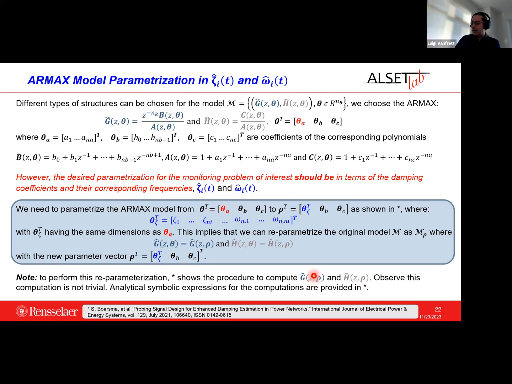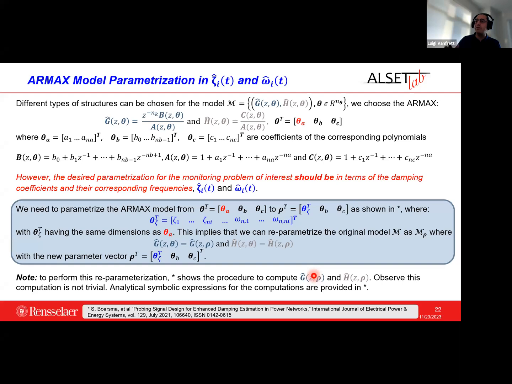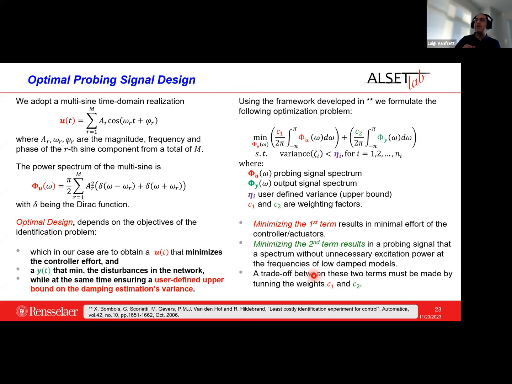Okay, the next step was the optimal probing signal design. So here we have our model structure. Now we're going to decide our input signal. We have this multi-sine where we have the magnitude of the signal and the frequency and the phase. Now, the power spectrum of the multi-sine is given by this expression.